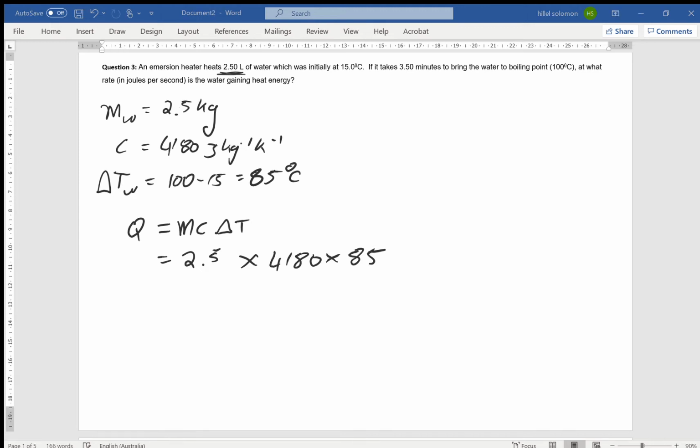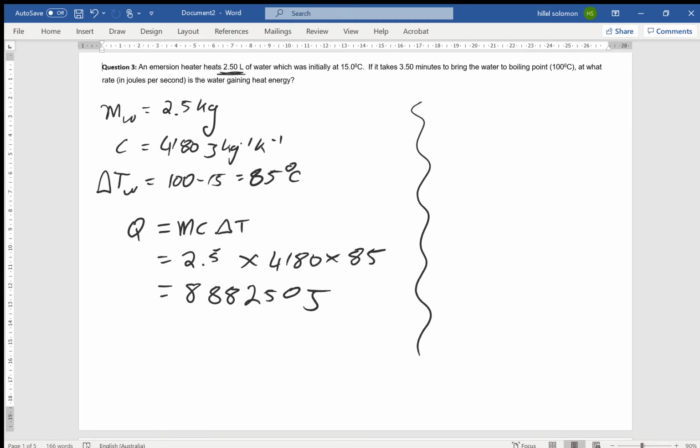And if we put that into our calculator, we get 888,250 joules. Okay, so that's step 1 of this question, calculating the heat.